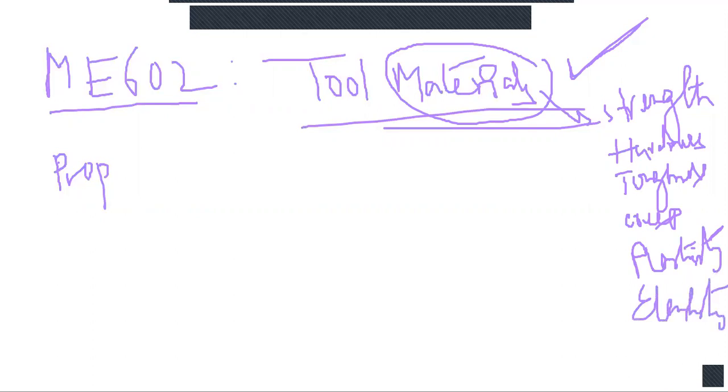All the mechanical properties we have studied earlier in our strength of material subjects. Okay, now the different types of properties. The basic fundamental requirement is: what are the main properties which the cutting tool material should have?